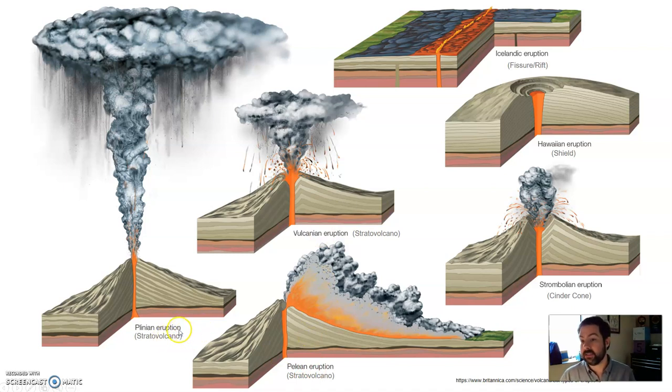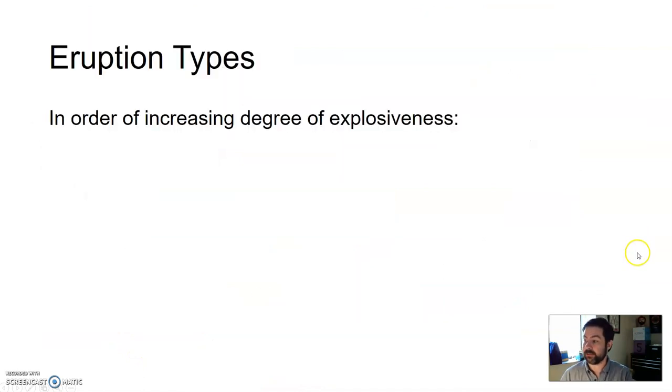Now these are typical of certain different types of volcanoes. Icelandic eruptions usually happen at fissure or rift volcanoes. Hawaiian eruptions are typical of shield volcanoes. Strombolian eruptions, cinder cones are a common volcano where we see this type. And then stratovolcanoes might exhibit Volcanian, Pelean, or Plinian eruption types.